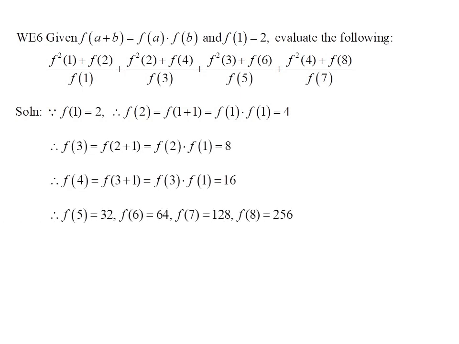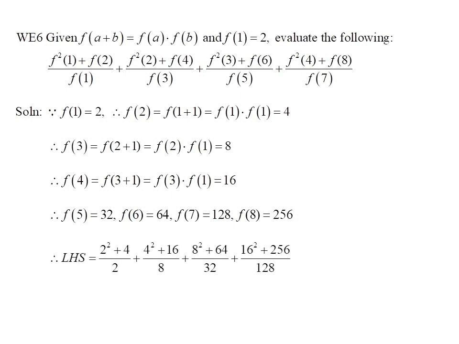In a similar manner, we can work out the values of f(3), f(4), f(5), etc. up to f(8). Hence, we substitute all the values of f(1), f(2), etc. all the way up to f(8) into the long algebra expression and obtain the result, which is 16.